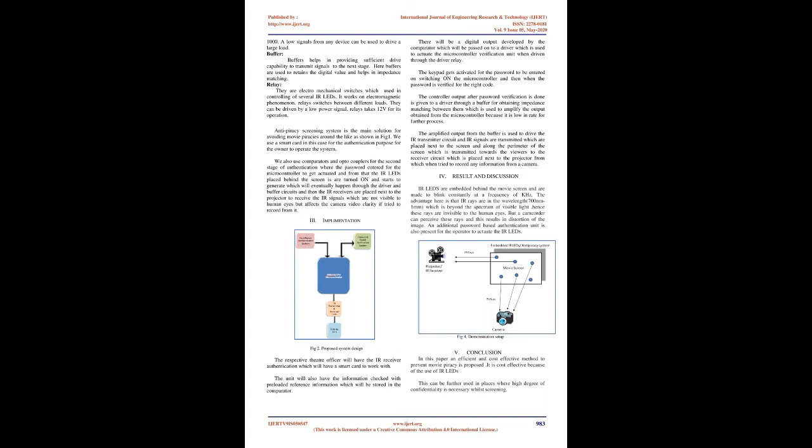Driver. The driver consists of a series of Darlington transistor pairs providing a high current gain, which is above 1000. A low signal from any device can be used to drive a large load. Buffer. Buffers help in providing sufficient drive capability to transmit signals to the next stage. Here buffers are used to retain the digital value and help in impedance matching.